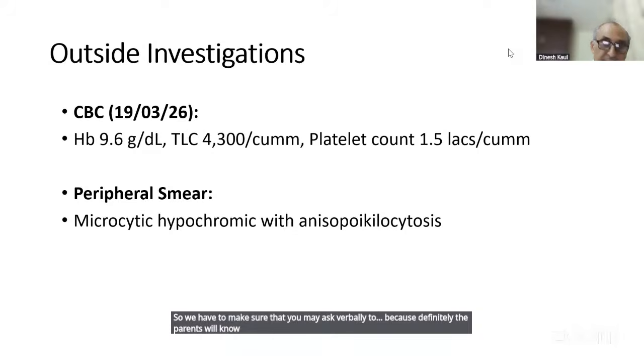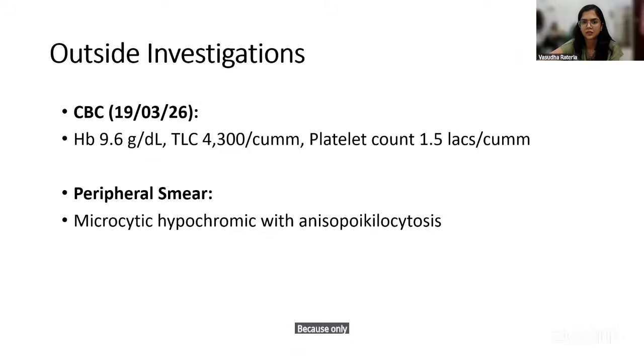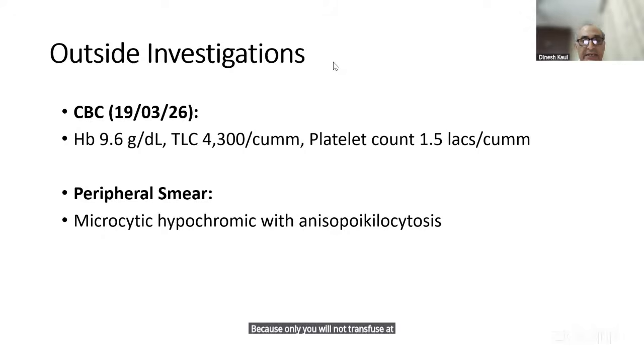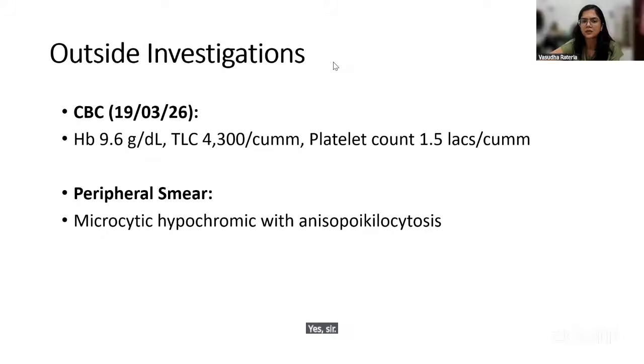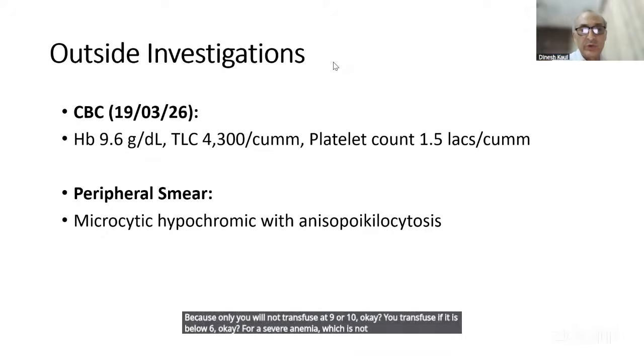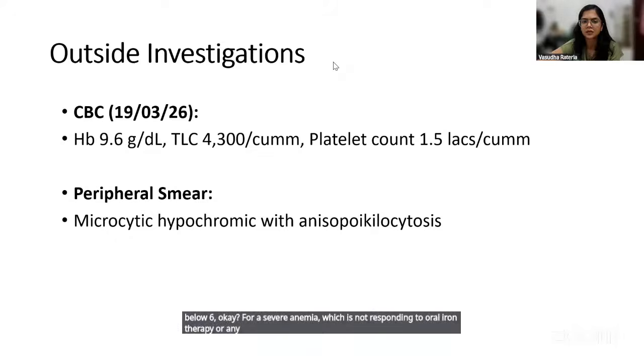Any intelligent parent will tell you, "the hemoglobin was 5 gram or the hemoglobin was 6," because you will not transfuse at 9 or 10. You transfuse if it is below 6, for a severe anemia which is not responding to oral iron therapy or any other therapy.